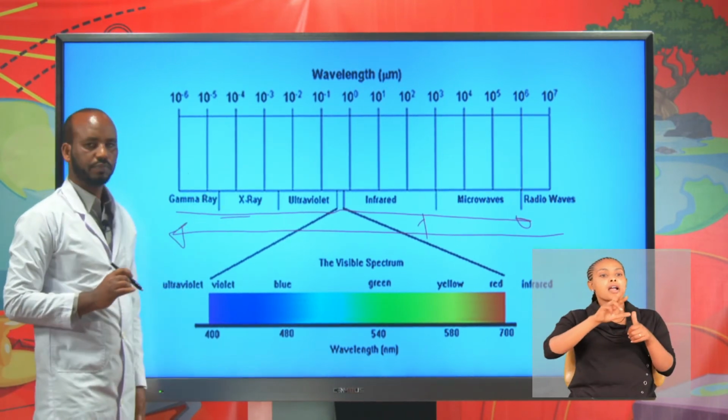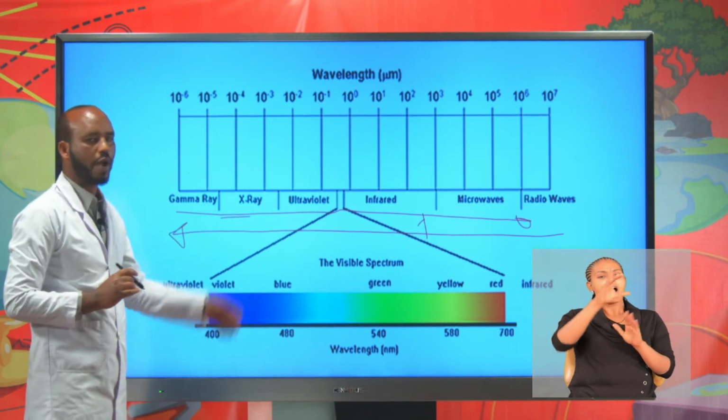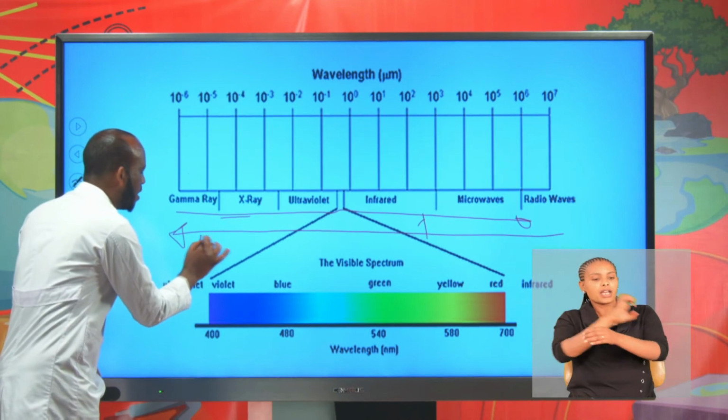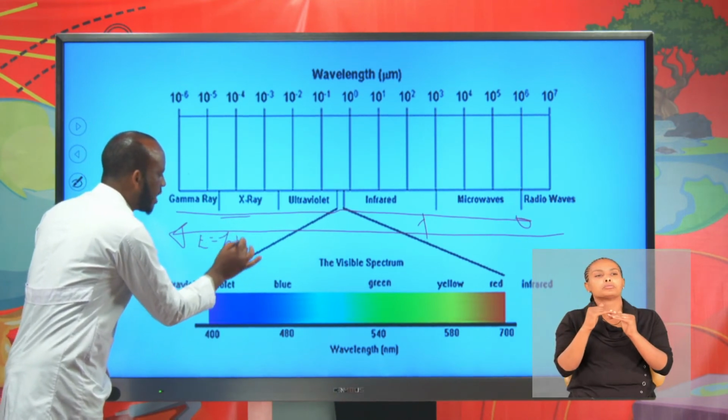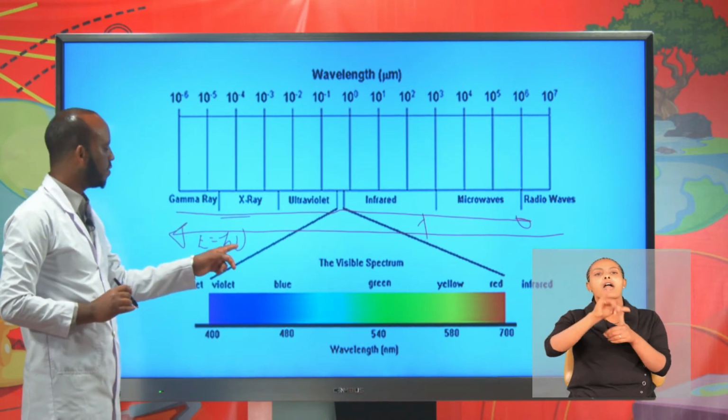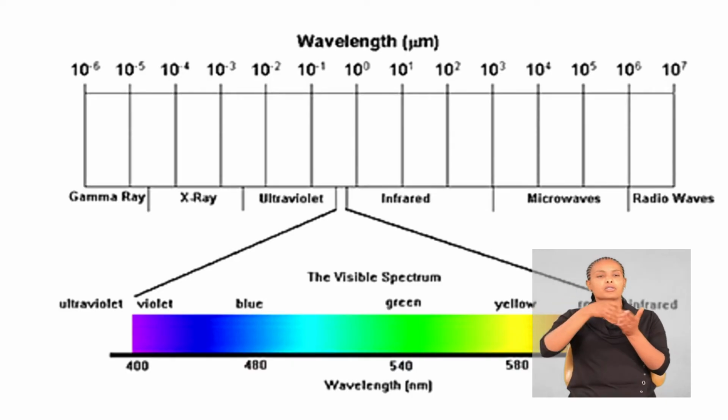Gamma rays have high frequency, high energy, because energy equals Planck's constant h times frequency.